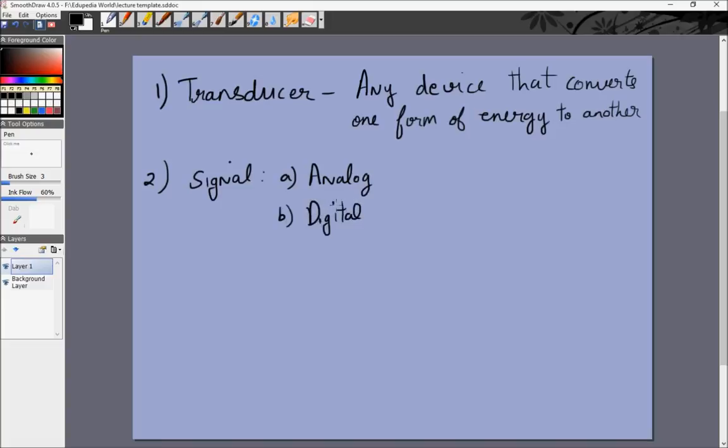Digital can only take one of two values, 0 or 1, and it is a binary system that extensively uses digital electronics and employs two levels of signals, 0 corresponding to a low level and 1 corresponding to a high level of voltage. So it can take two values. Analog can actually take many values, and they are essentially single valued functions of time.